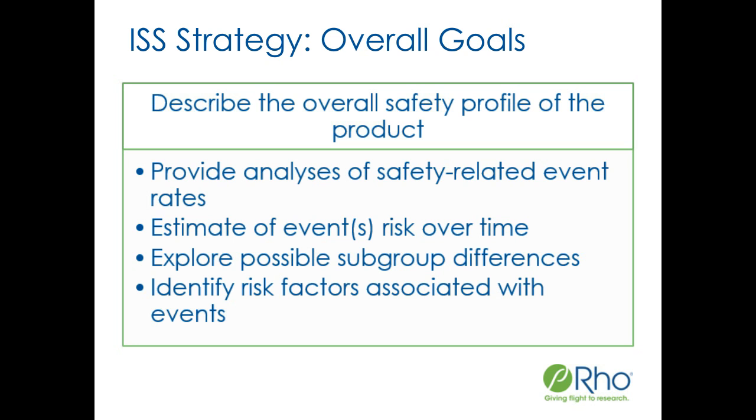So really the goal of your ISS is to combine the safety data of your program to describe the safety profile of your product. This can include analyses of safety-related events, estimates of risk over time. You'll need to look at different possible subgroup differences in your safety, and also it will help you identify risk factors associated with the events and enumerate them to the FDA.